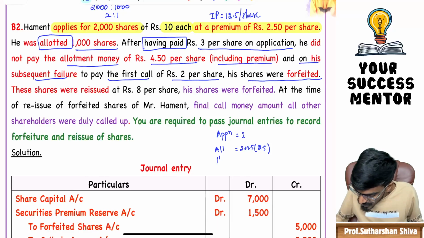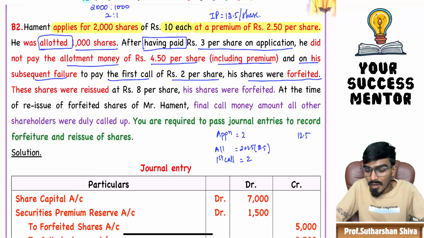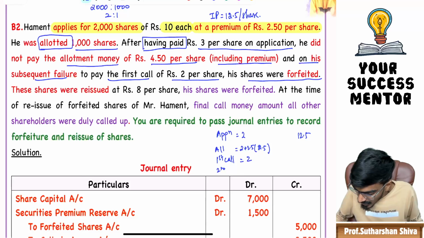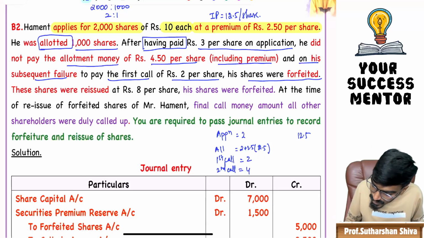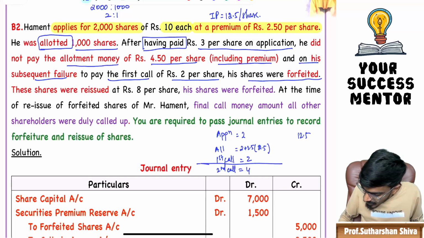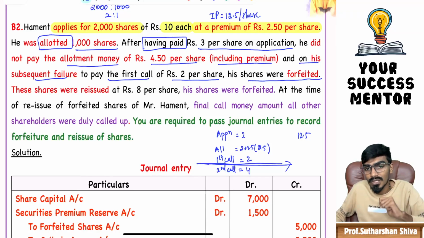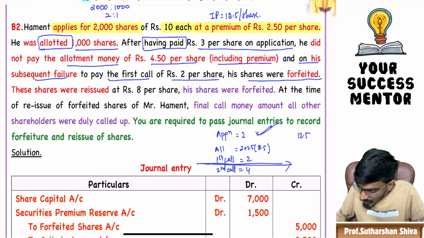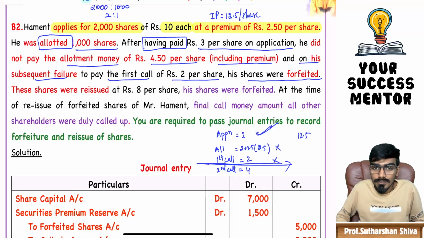Then first call money they said 2 rupees, means out of 12.5 rupees we are left with 8.5. So the second call is going to be 4. But they said after the first call itself there will be a subsequent failure. So it is our example concept which we have discussed: only paying application money, not paying allotment, not paying the first call.